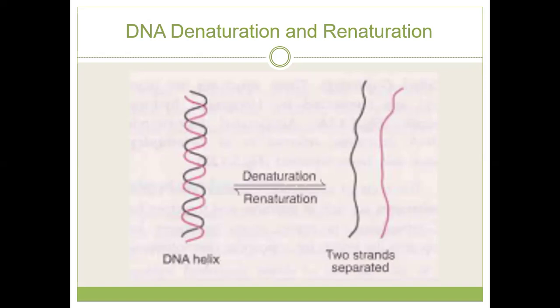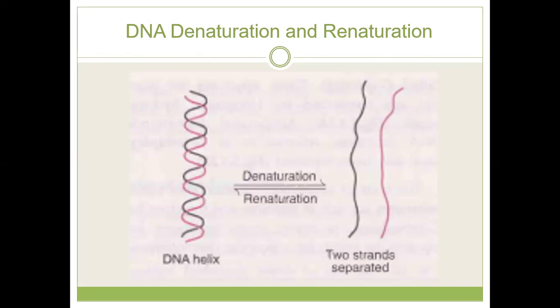Guanine and cytosine, sir. Good. The bond between guanine and cytosine will be stronger. Therefore, if you have a DNA that contains a high content of guanine and cytosine, that DNA needs a higher temperature to be denatured. You need a higher temperature for that triple bond to be broken down.